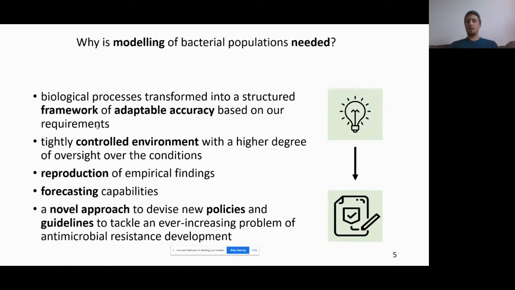Now, sadly, with the advancement of information technology, more and more sophisticated models have already been developed, but they are commonly not entirely modifiable with regard to parameters. They are inconvenient, with a steep learning curve for people with no programming background, and also, what was important for us, is that there was little attention paid to the dynamics of populations within biofilms and how resistance evolves in such cases.